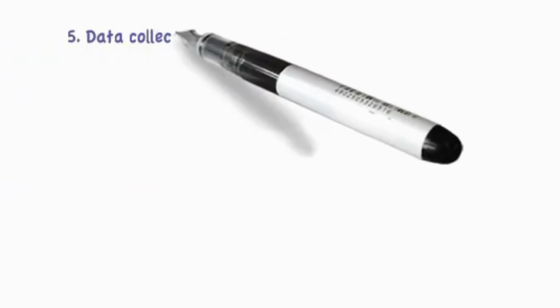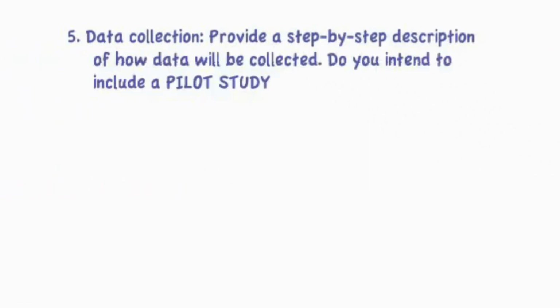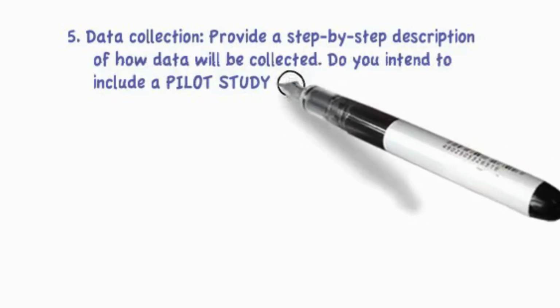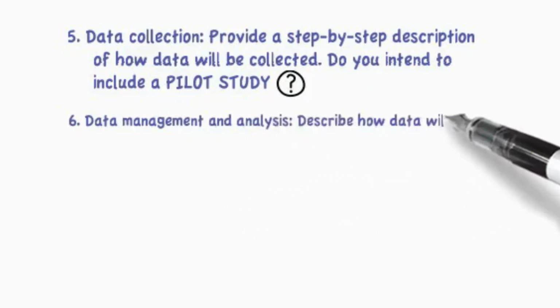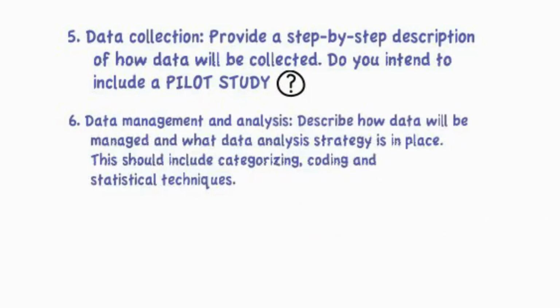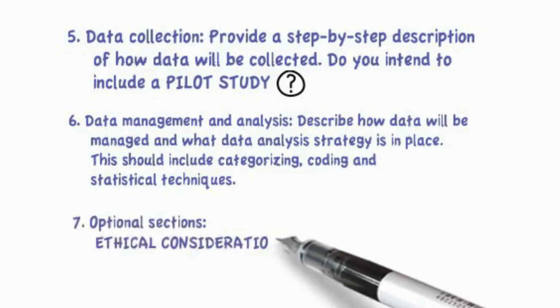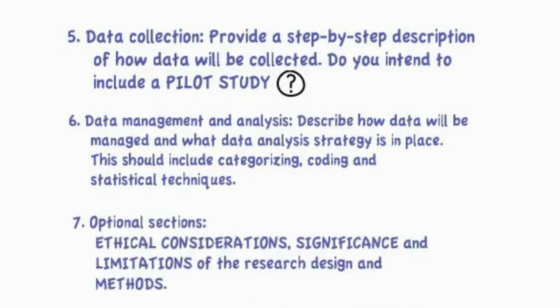You would provide a step-by-step description of the data collection and how the data will be collected, whether there would be a pilot study, and how you would go about the practicalities of it. You might also include a section on data management and analysis, and then there could also be optional sections, again, ethics, significance, limitations, etc.